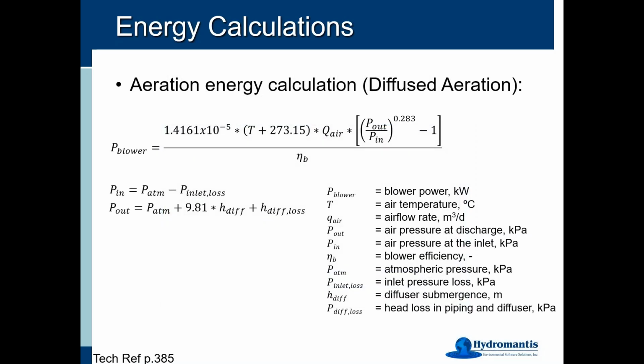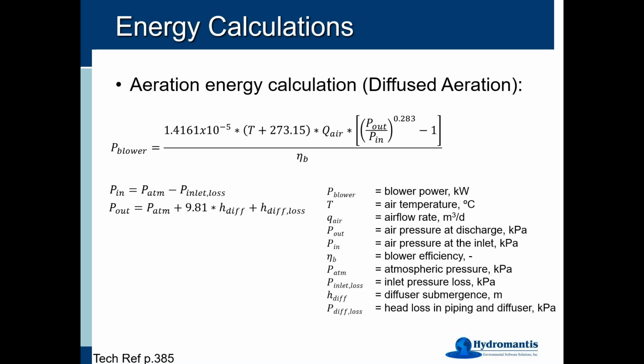For diffused aeration, it's a different system though. We need to calculate what that energy requirement is. What is that instantaneous power from the airflow rate that you are specifying? And in that case, there are quite a lot of things that come into consideration here: the air temperature, the flow rate, the pressures at the inlet and the outlet, the pressure loss, diffuser submergence, and the head loss, and so on.